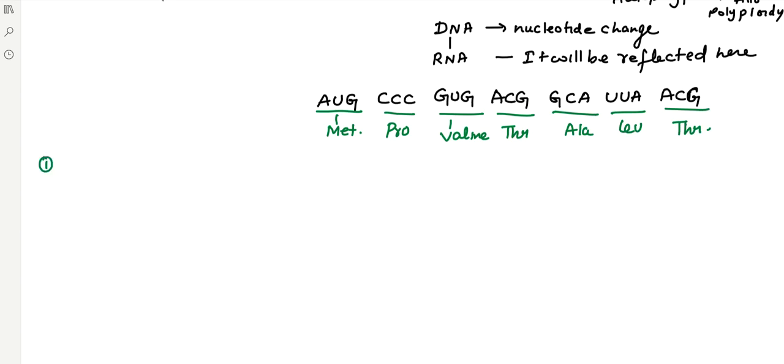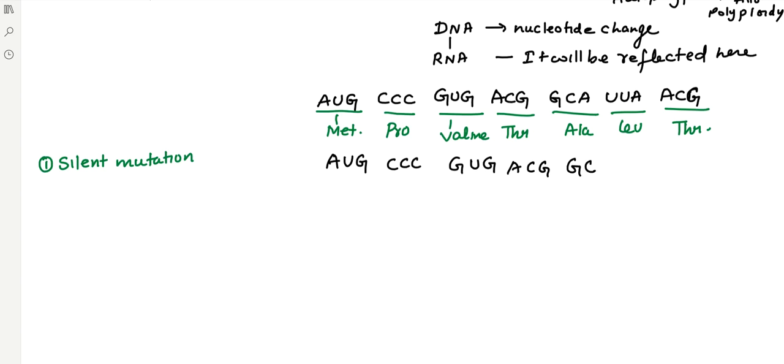So the first mutation which we have is called silent mutation. Now what happens in case of silent mutation, we'll see that. So we'll just demonstrate your silent mutation. AUG, CCC, GUG, ACG. Now GC. In place of A, what do we see? G is coming. Okay, so what we're gonna do, we're gonna change the color here so that we can identify where is the particular change which is taking place.